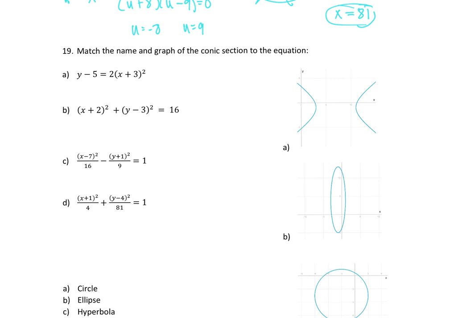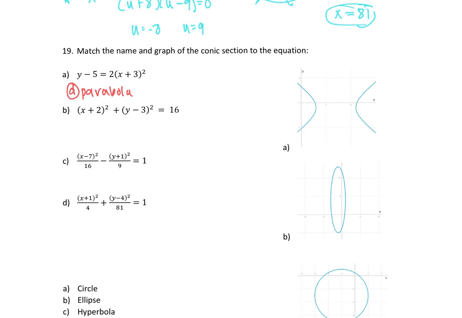Okay, so if I'm looking at A, it's y minus 5 equals 2 times (x plus 3) squared. That is a parabola. So let's just write D, a parabola.